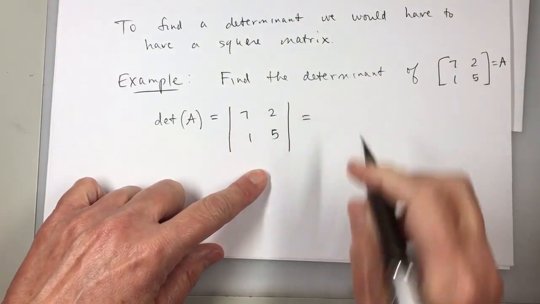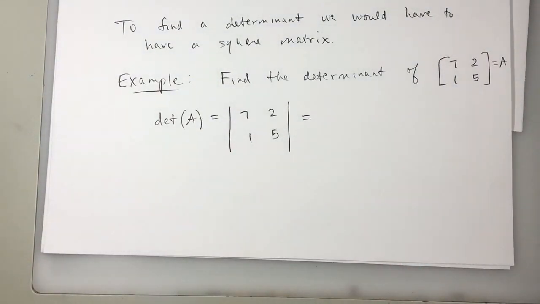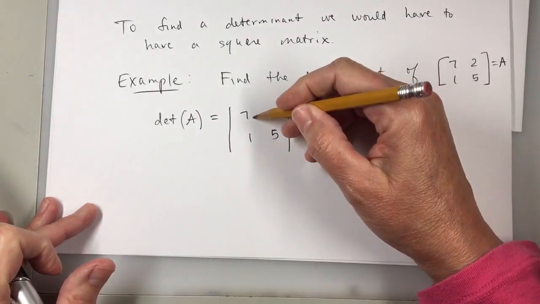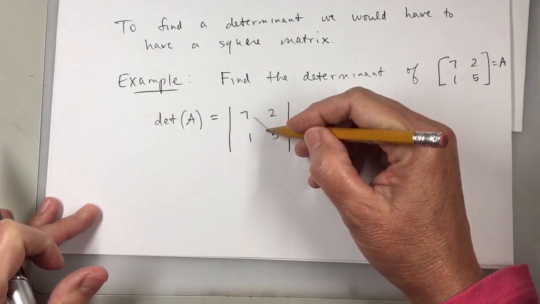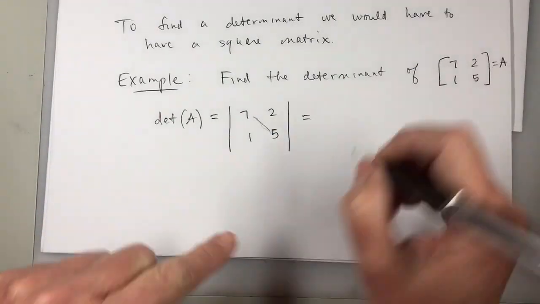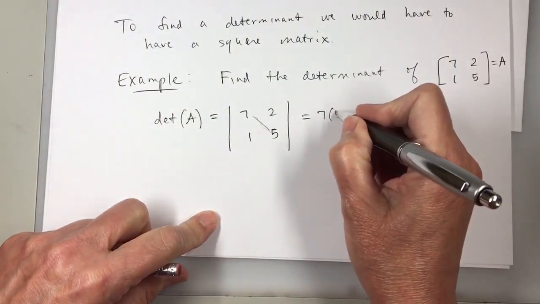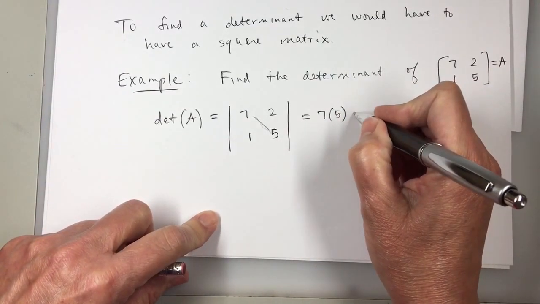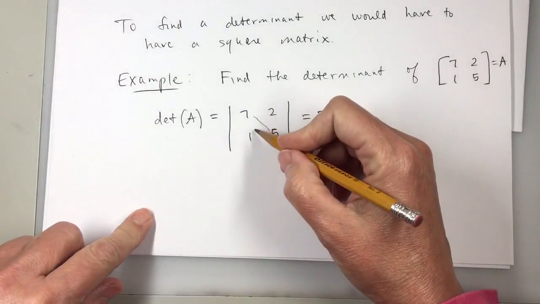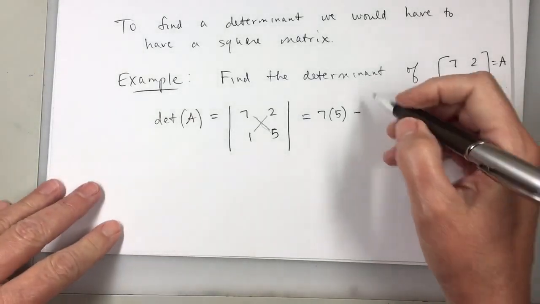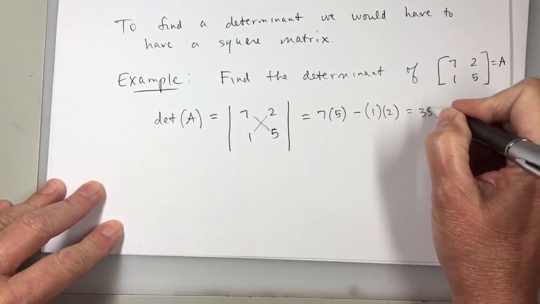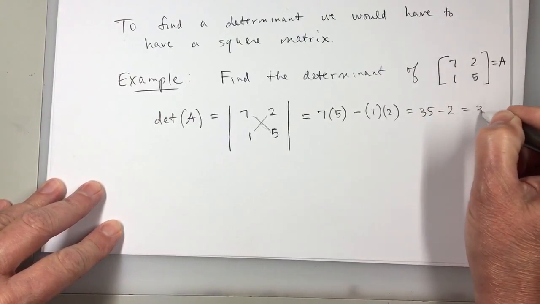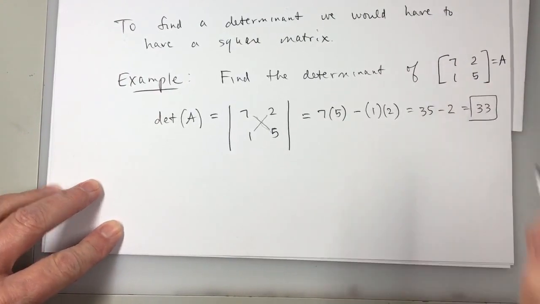And the way it works for a 2x2 is you would multiply 7 times 5 along this diagonal, and then you're going to subtract 1 times 2. So 35 minus 2 is 33. That's the determinant of A.